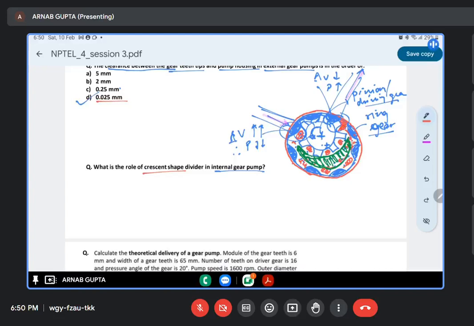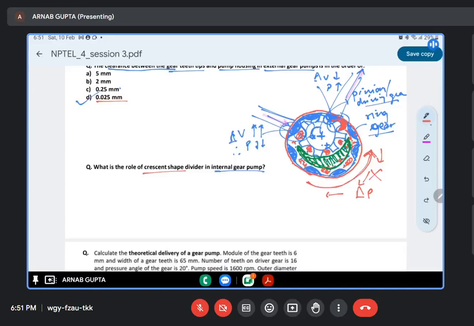And since the space is reducing in this region, the pressure will increase. So this allows the liquid to be positively displaced along this direction. It doesn't allow the liquid to flow back due to the delta P, right? It allows the liquid to flow around this direction only through these small pockets.